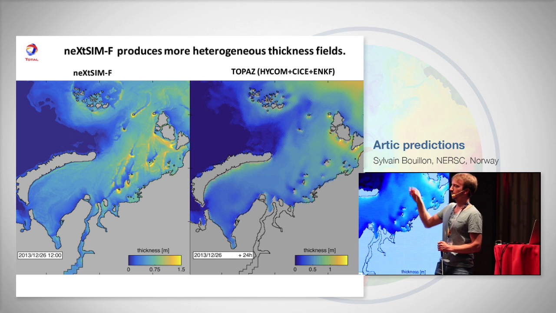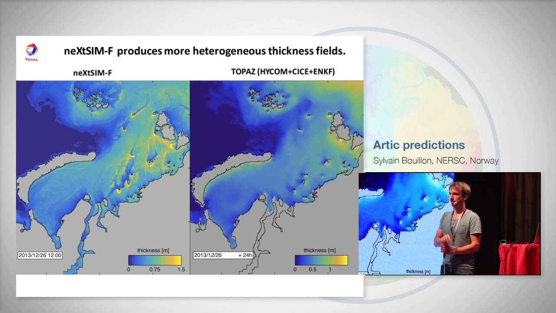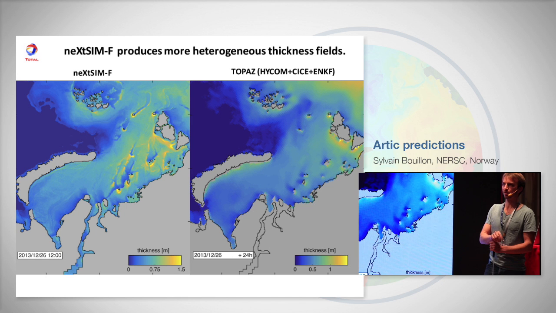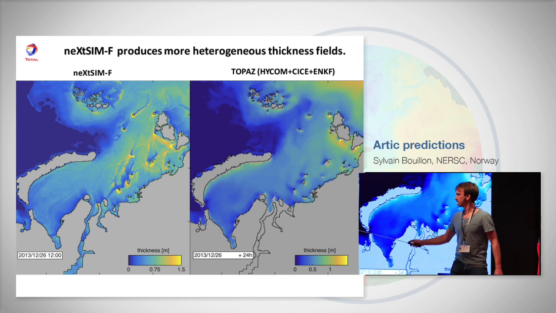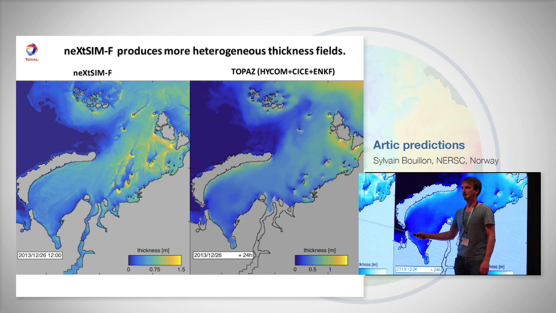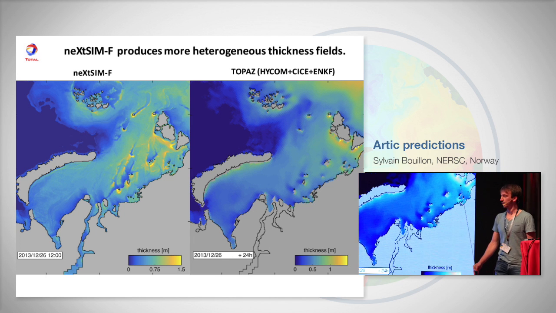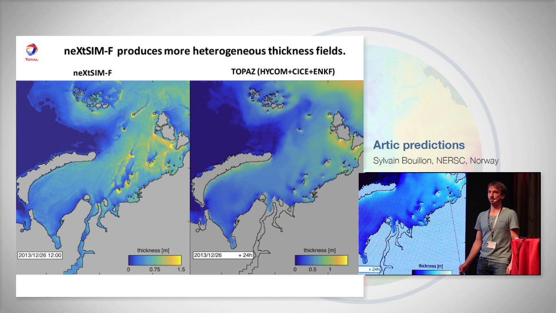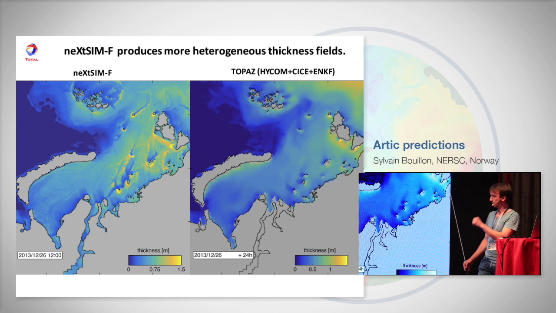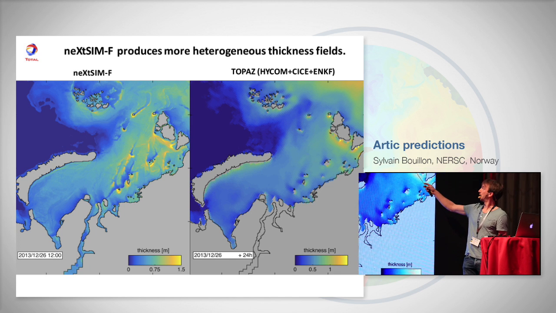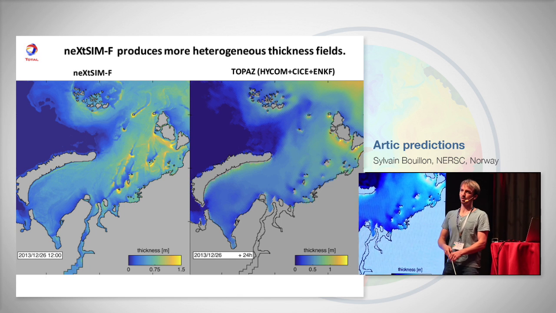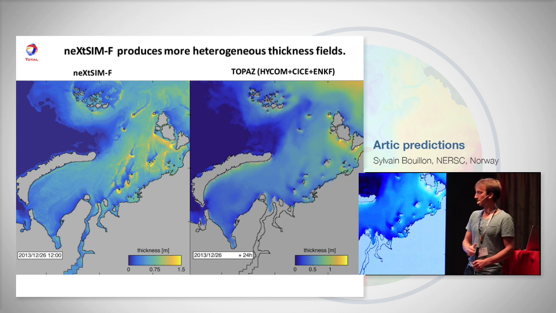So the people from Total were especially happy with the thickness field data produced by the system, because for them it was looking much more realistic than what was available from any other forecast system. So this is an example of the sea ice thickness from the TOPAZ system that uses HYCOM for the ocean, CICE for the ice, and ensemble Kalman filter for the data assimilation.